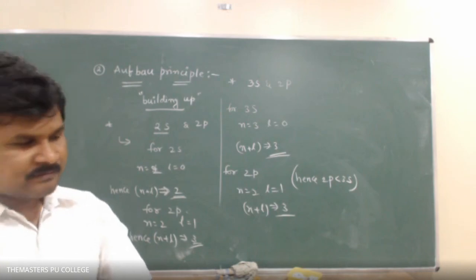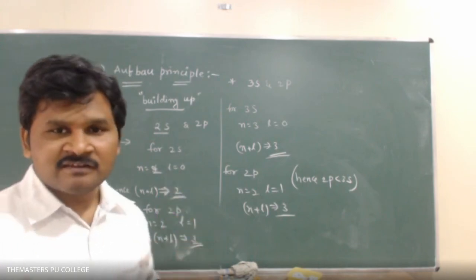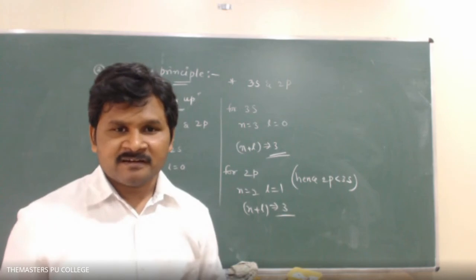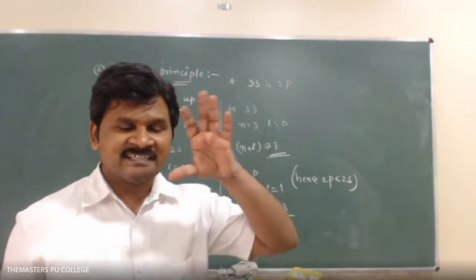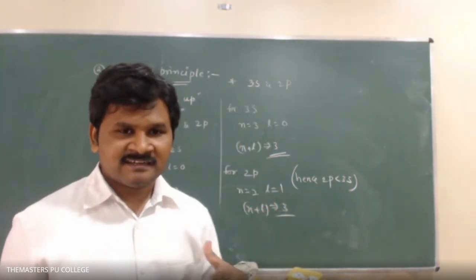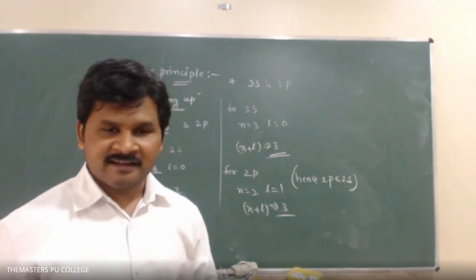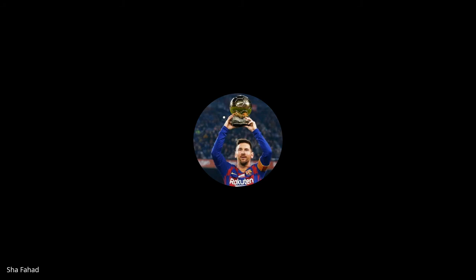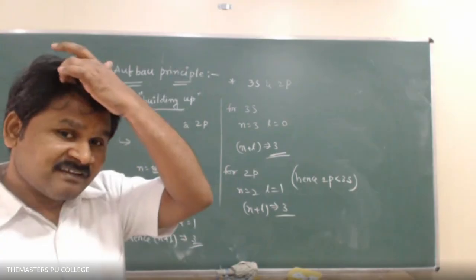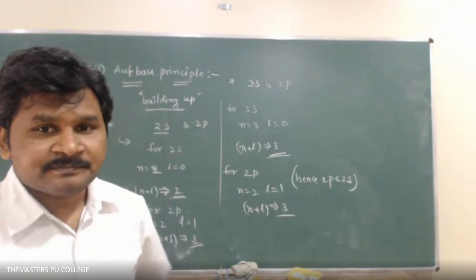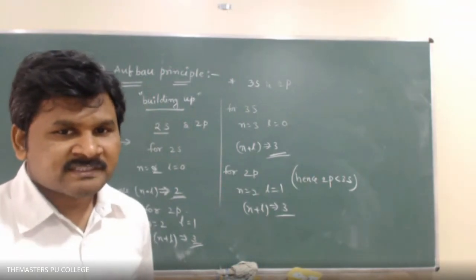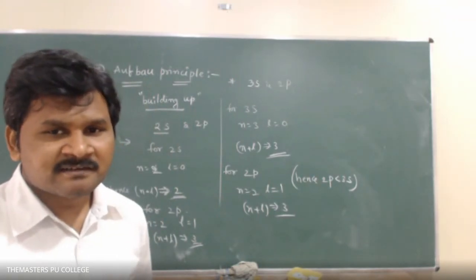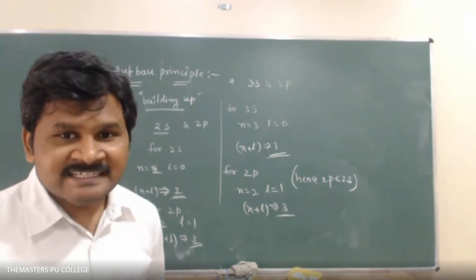Based on the n plus l values, we have one simple diagram to understand which has the highest energy and which has the lowest energy. That diagram is called the Aufbau diagram. Sir, repeat once more the statement which you told. If n plus l values are same, then the electron enters into the orbital which has the least n value.